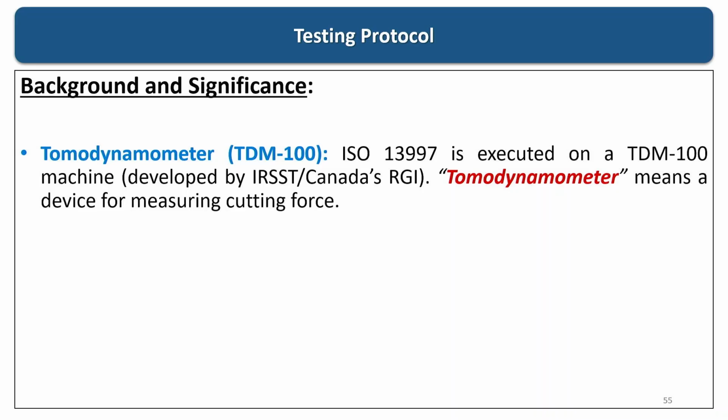And the TDM 100 is the instrument which we use, okay. This machine was developed in Canada, by the Canadian company RGI, or developed at IRSST, and the TDM means a device for measuring the cutting force, that is important here.